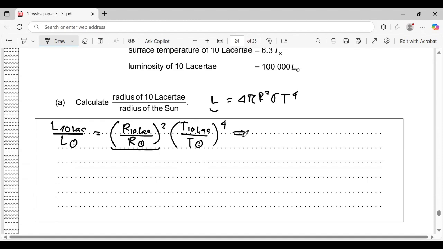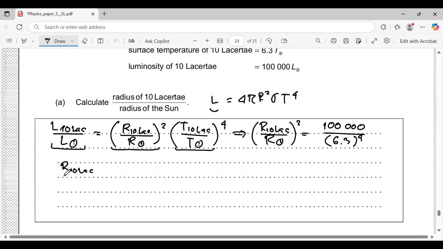I would like to rearrange this equation, so R of 10 letter T over R of the sun squared equals 100,000 based on the information, over 6.3 to the power 4. So R of 10 letter T over R of the sun equals the square root of this.